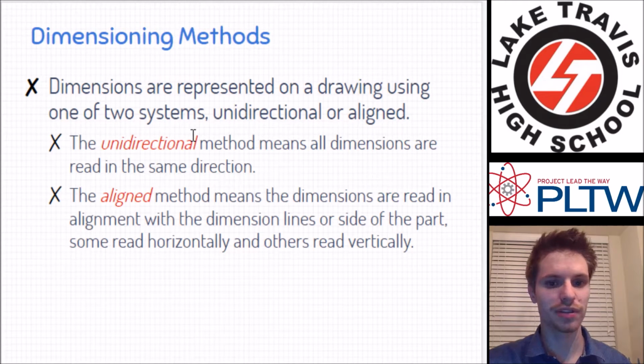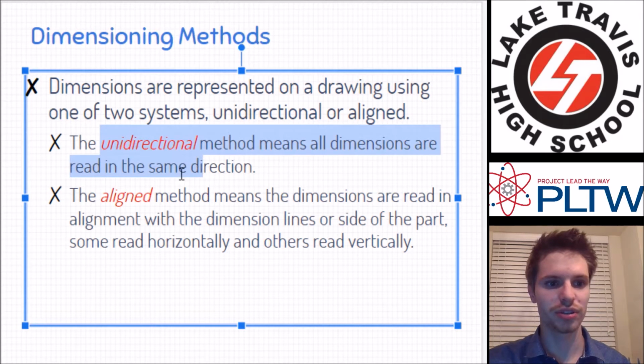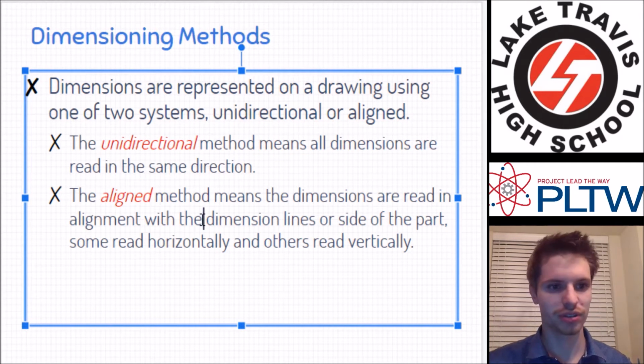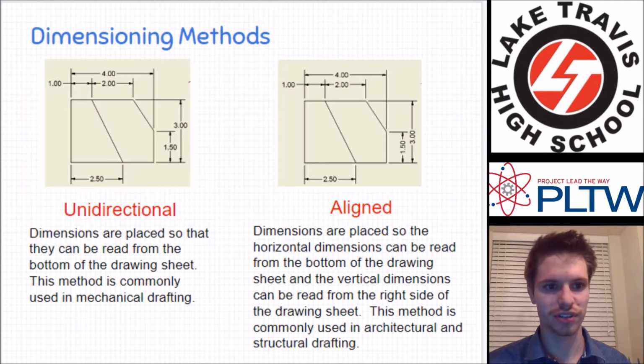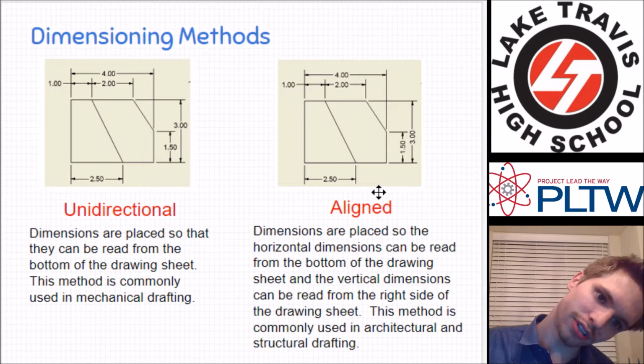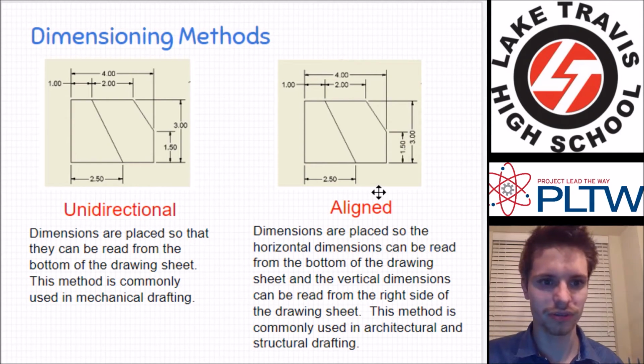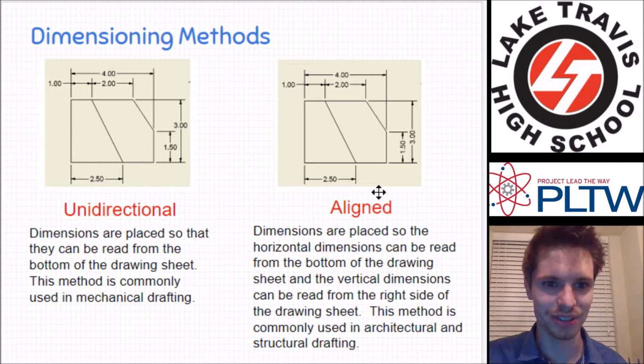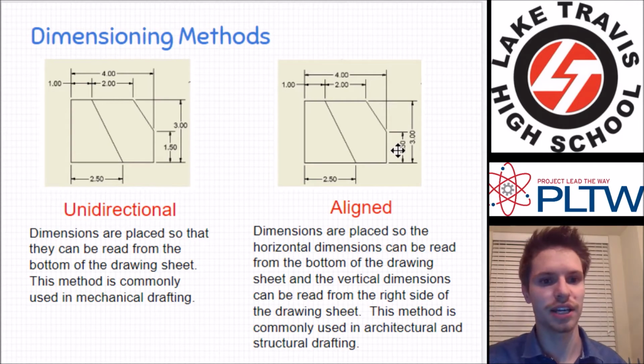So there are two different methods of putting our dimensions in here: unidirectional or aligned. Here's the difference between those two. Unidirectional, the text itself can be read just from looking at it. The aligned dimensioning method, you'd have to actually turn your head to read it, or if you're kind of smart, you can read it from looking straight at it, but the text is turned in the aligned version.